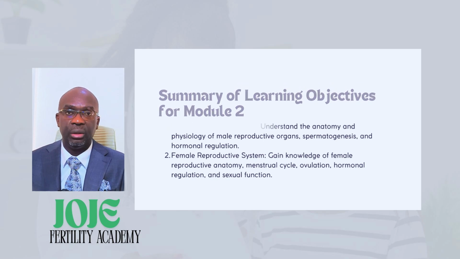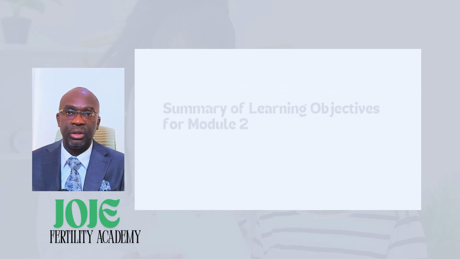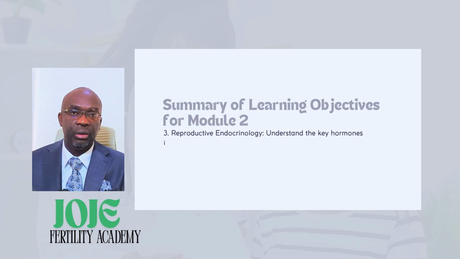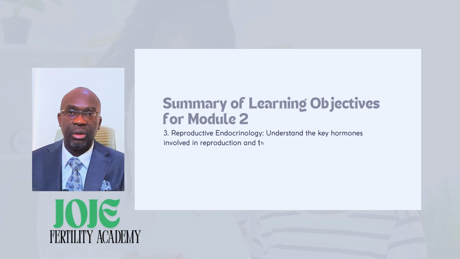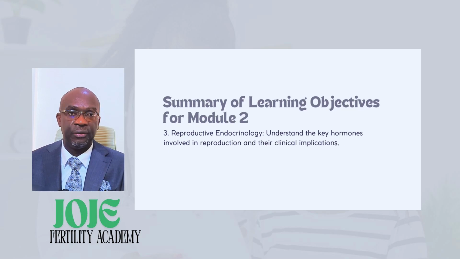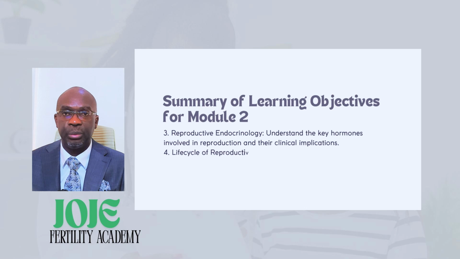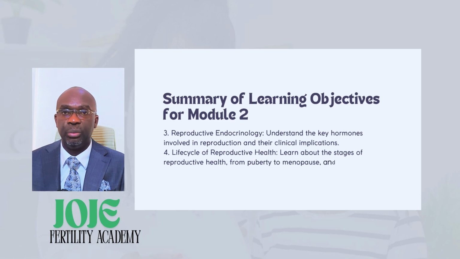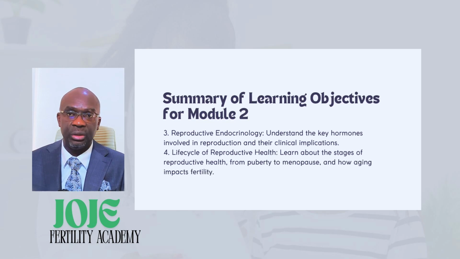And 3, the reproductive endocrinology, understand the key hormones involved in reproduction and their clinical implications. And 4, the life cycle of reproductive health, to learn about the stages of reproductive health from puberty to menopause and how aging impacts fertility.